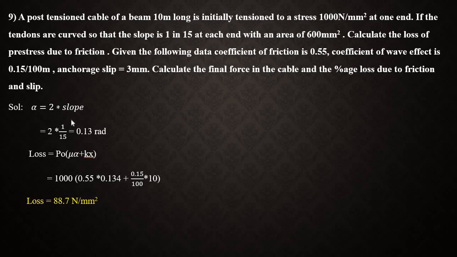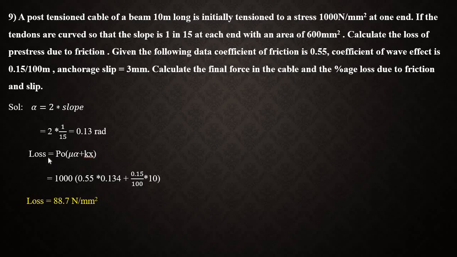Usually if the slope value is not given for the parabolic, the slope value is 4e by L, that is 4 into eccentricity by total length of the beam. But here in this case the slope value is given, that is 1 in 15. So 2 into 1 by 15 equals 0.13 radian.